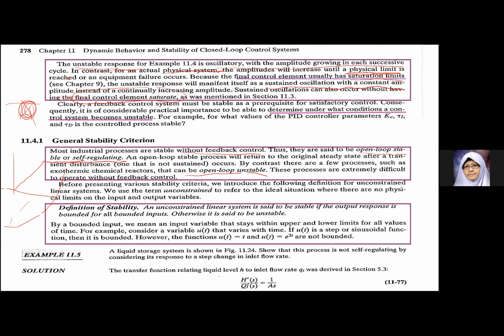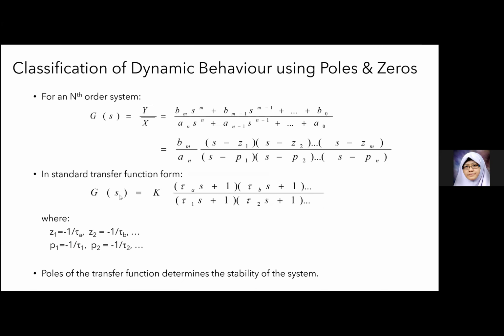So the definition of stability we have seen just now: an unconstrained linear system is stable if the output response is bounded for all bounded inputs. Otherwise, it is unstable. So if you have a positive pole, this is what will happen. It becomes unbounded. It goes exponential.